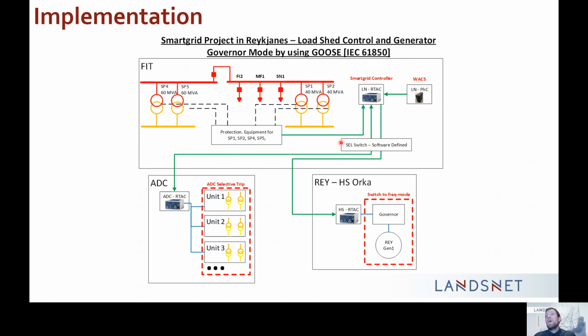And in this case, we have installed kind of a software-defined switch here to interact directly with RTAC units, both with a data center and another thing where we're experimenting with a geothermal plant. So we're sending pretty much a GOOSE signal directly. We're never including any IOs in between in this project.